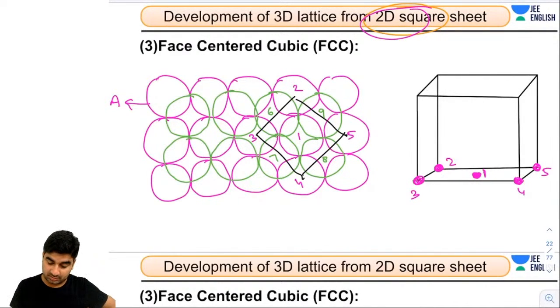And now the sixth number. Sixth number is on the face of 2 and 3. 6. And then 3 and 4, we have 7. We have 8. We have 9. Right?